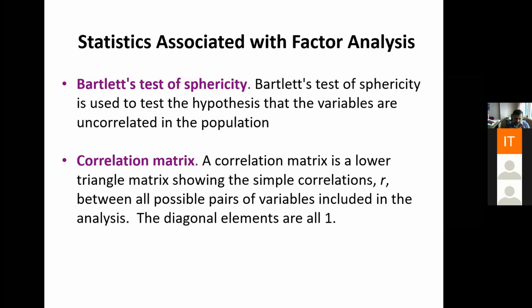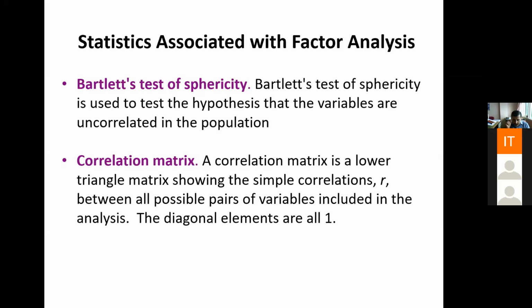Don't get confused. If you understand, very good; if not, when the output comes I will tell you the result of Bartlett's test according to the statistics. In case of Bartlett's test of sphericity, we make the null hypothesis that there is no correlation amongst the variables. So my alternative hypothesis becomes that there is a correlation in the population, meaning that the variables are correlated.